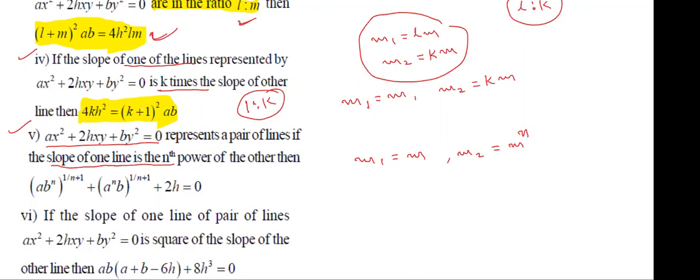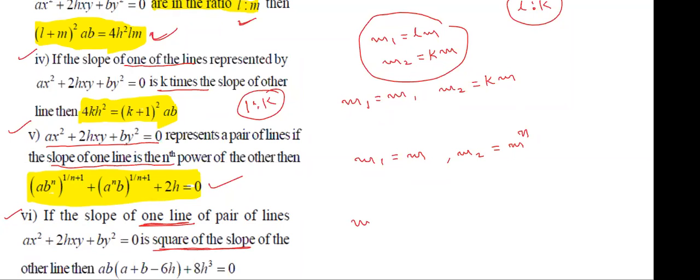So this is the shortcut formula: (ab power n) whole power 1 by (n plus 1) plus (a power n into b) whole power 1 by (n plus 1) plus 2h is equal to 0. This is the shortcut formula.